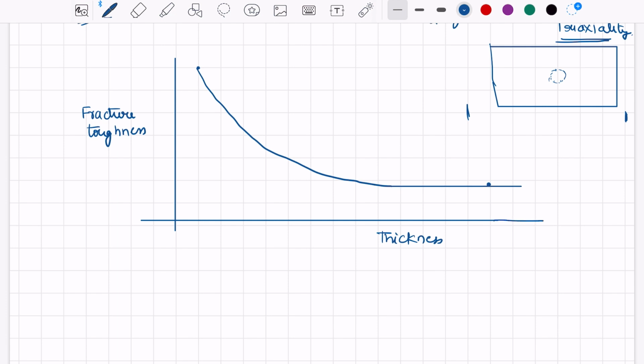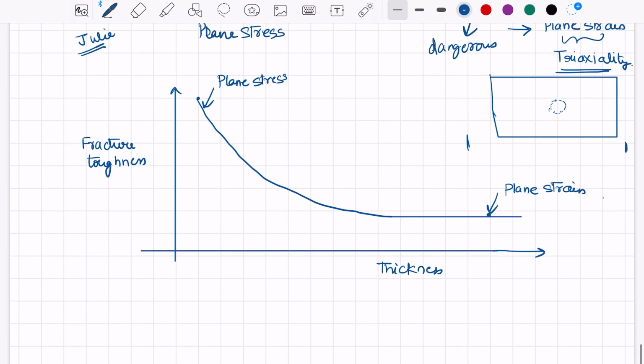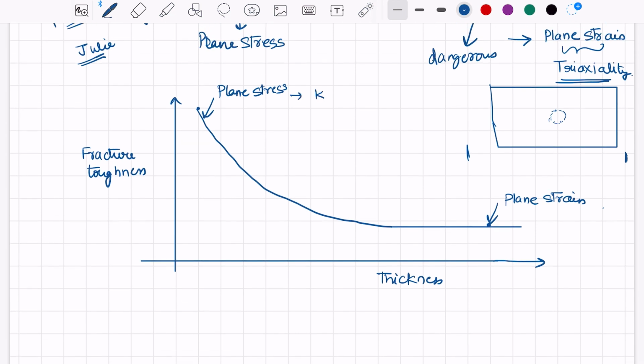So as I mentioned, this is the plane strain condition where the material undergoes brittle failure. However, this is the plane stress condition. We have earlier seen that K is equal to root of GCE.